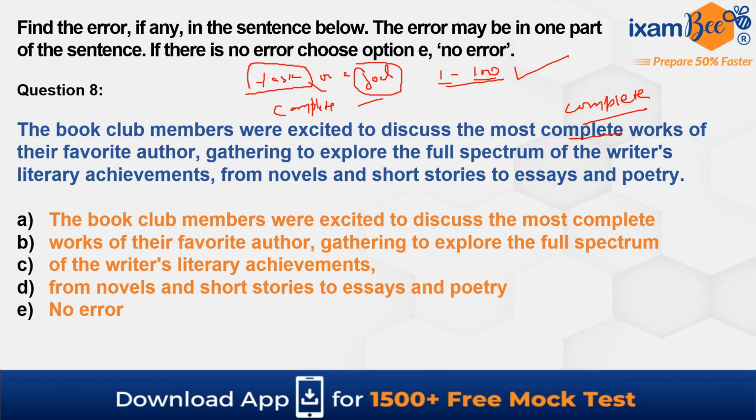So that means if there is work that is complete, it is complete. Hence, with adjectives like complete, you do not use most or more. You do not use the comparative or superlative forms because they already work as superlative adjectives.